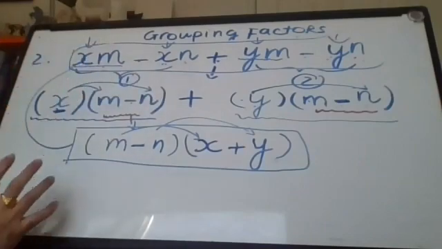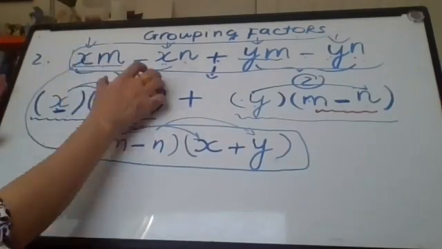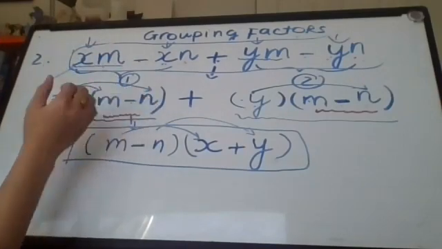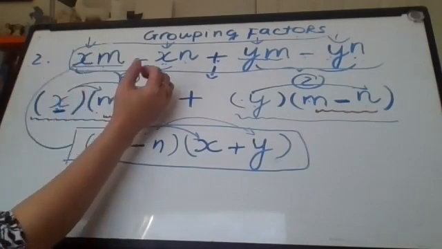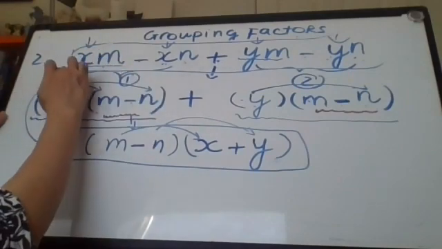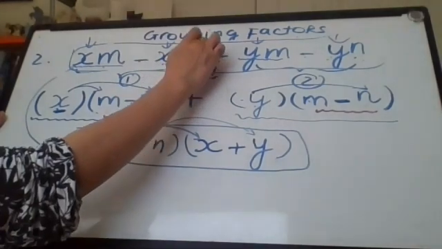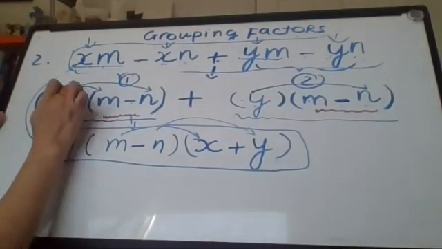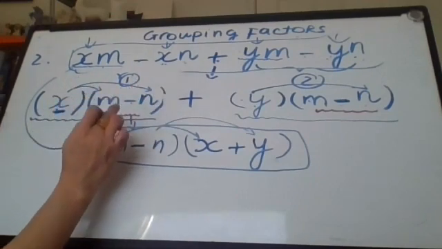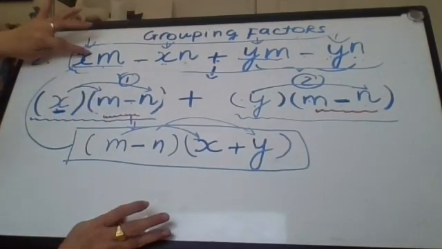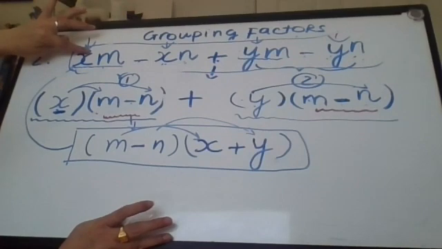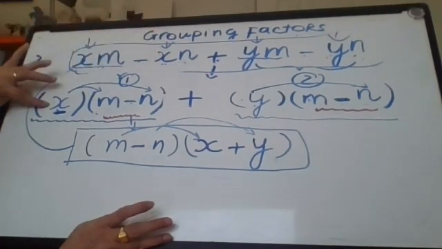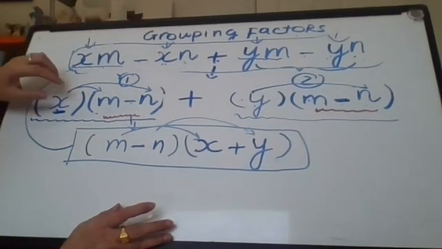Now, factor means break the first group into 2 brackets in such a way that when I distribute them together, I should get back to the first expression, right? Which is the first group here. So I'm going to break it into 2 brackets here. And I look at the common letter in here, it is X and X. I pull out X as a common factor.